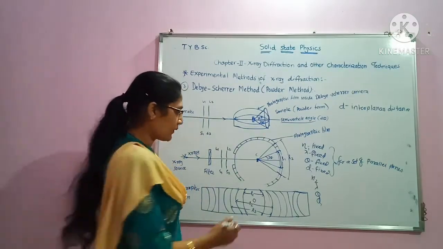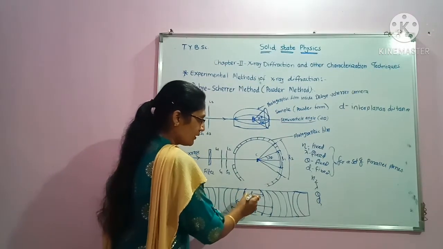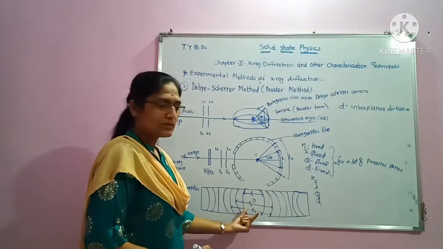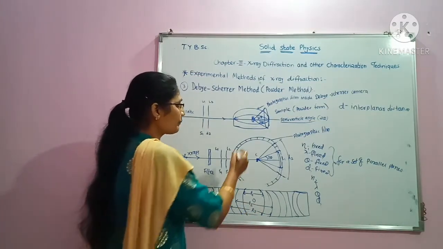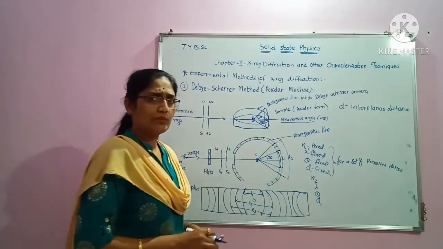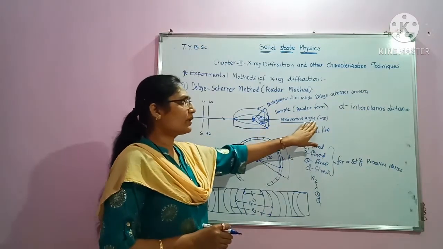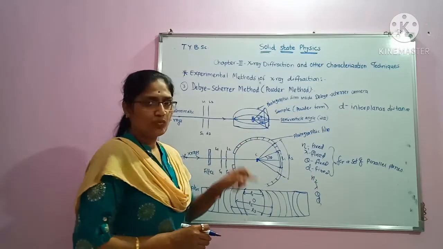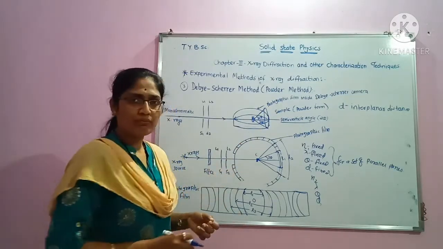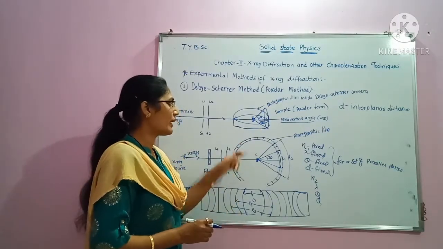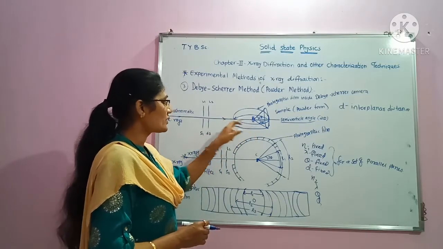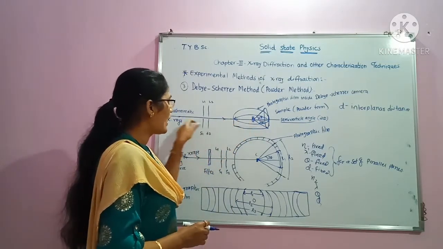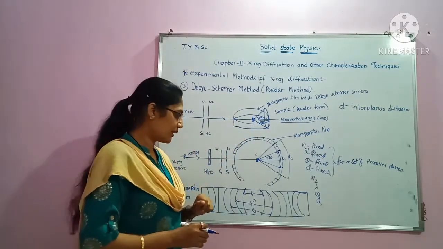And we know that one can easily measure the diameter of each arc, and 2 theta is the semi-vertical angle made by the cone, which is formed by the reflection of X-rays from a particular set of parallel planes, and the axis of this cone is along the direction of the X-ray used.